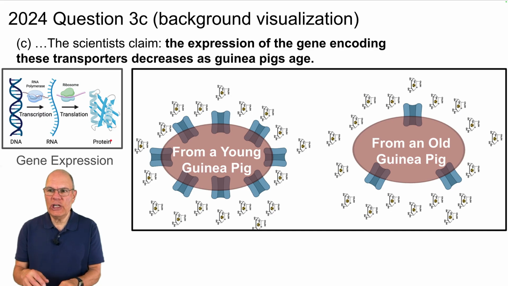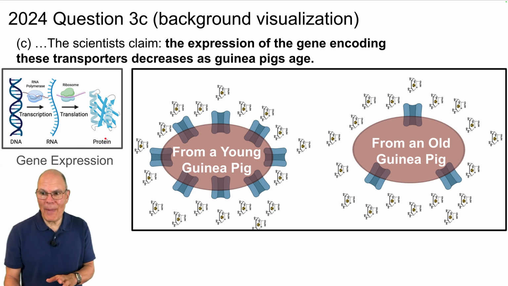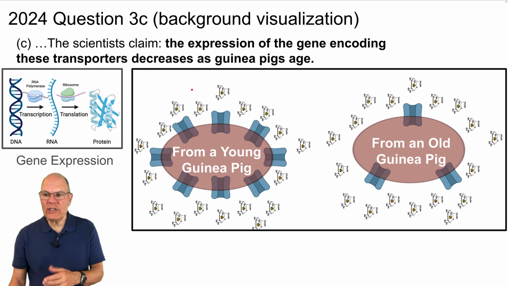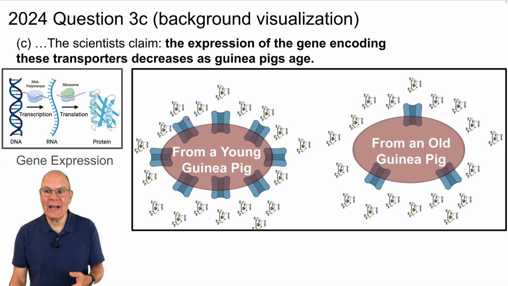Now, if gene expression decreases as the guinea pigs age, then there's going to be less production of RNA and less production of protein. So we can imagine that the red blood cells in a young guinea pig are going to look like this.